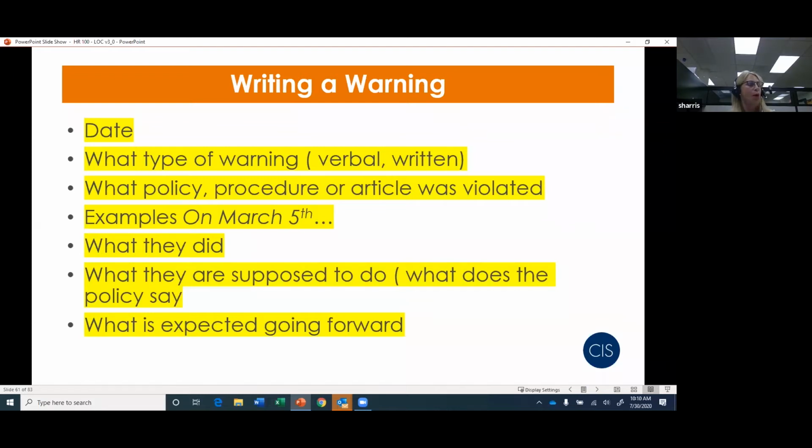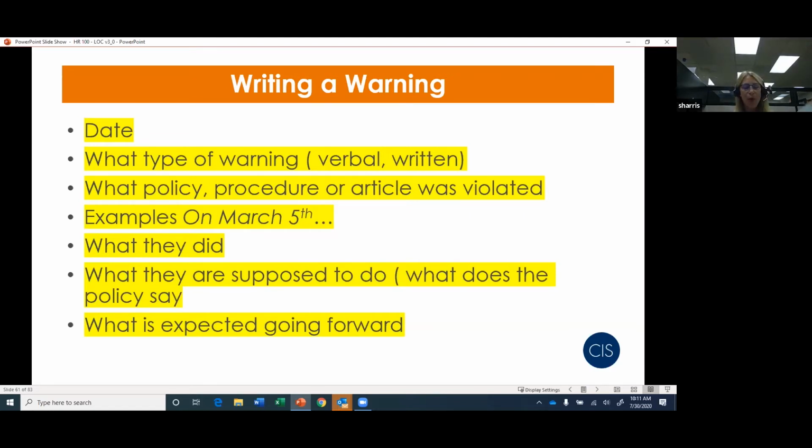So give examples. State the policy, procedure, or collective bargaining agreement that they violated or that you are referring to. Give examples of what they did, what they're supposed to do, and now what's expected of them ongoing. You are to report to City Hall to open the office at 8 o'clock every morning, and so on, okay?